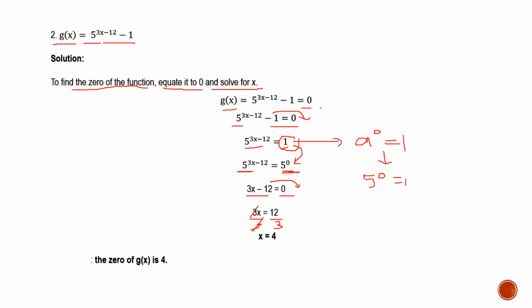So we simply divide the entire equation by 3, and the resulting value is x equals 4, because 12 divided by 3 is equal to 4. So your final answer is x equals 4. Therefore, the zero of your g of x is 4. That will be the value of the zero of the given exponential function.